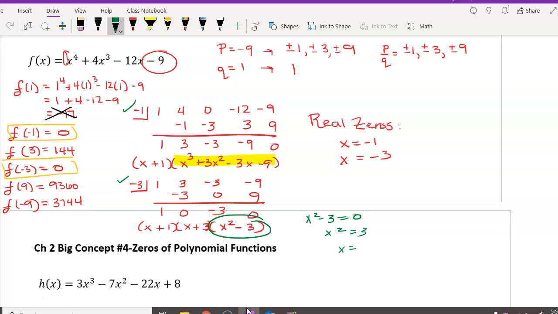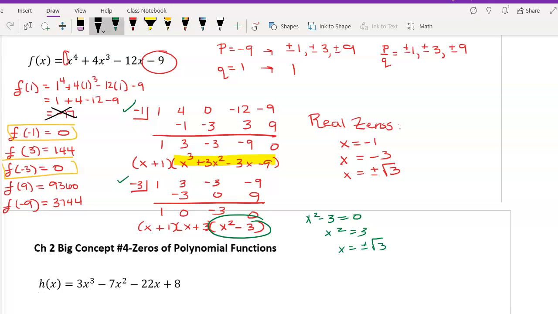So my next 2 real zeros are plus and minus the square root of 3. So we have 4 real zeros, which coincides with the fact that our highest exponent is that 4, which says, hey, at most you can have 4 solutions.